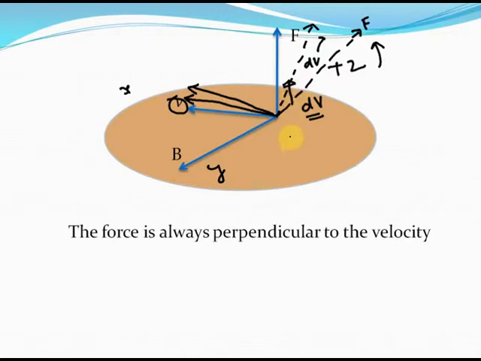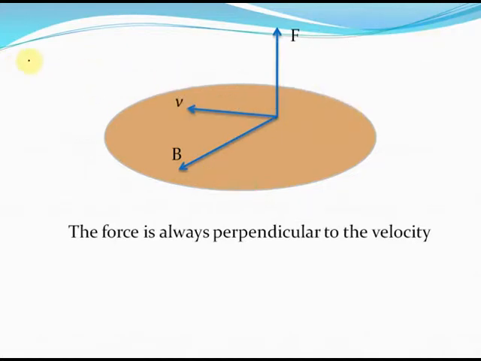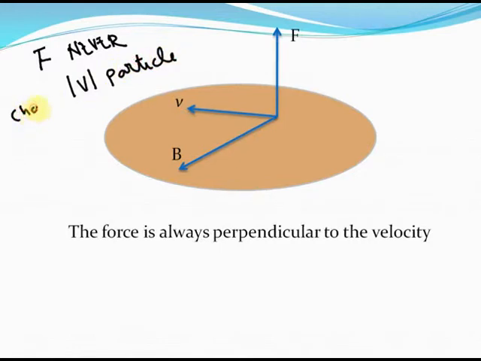Understood? So in the end, the magnetic force never ever leads to the change in the magnitude of the velocity. So you must remember that the magnetic force never changes the velocity magnitude of the particle. Understood? This is very, very important and you must remember this concept.